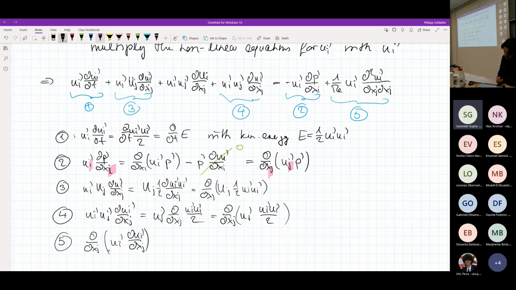If I have dxj of this one here, I can write this using the product rule as ui prime, so I take out this one, times d dxj of d dxj of ui prime, plus, because I'm doing the product rule, dui dxj times dui dxj prime.